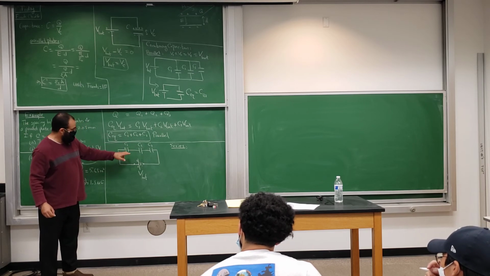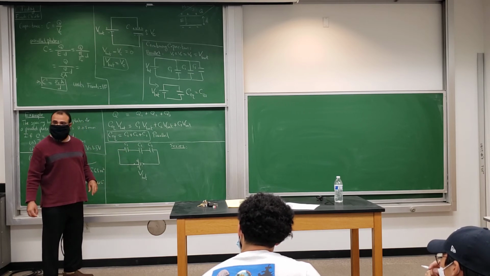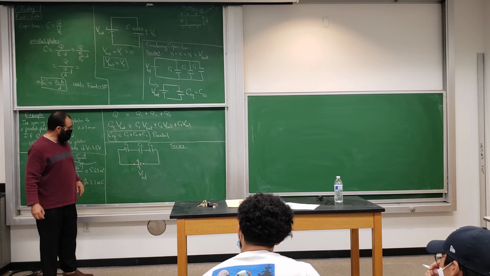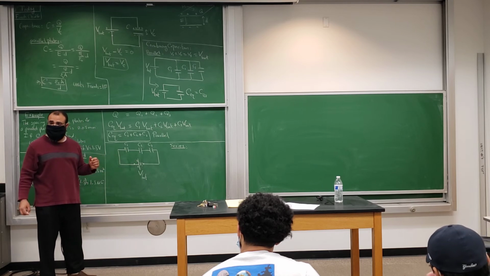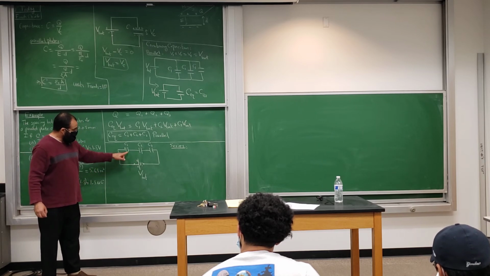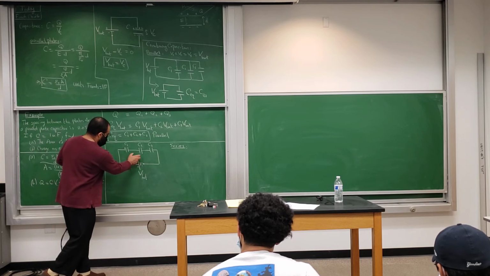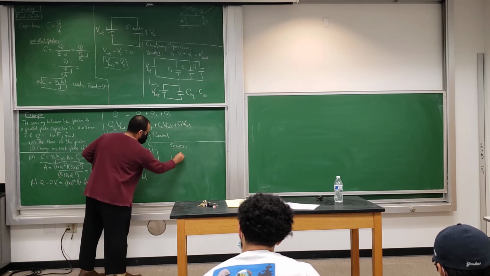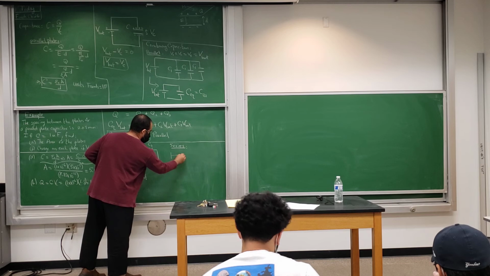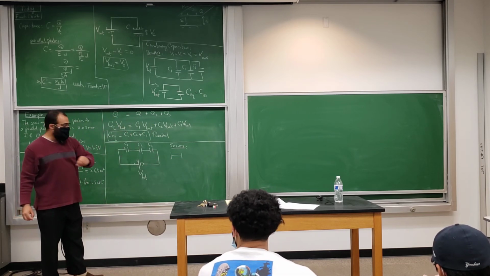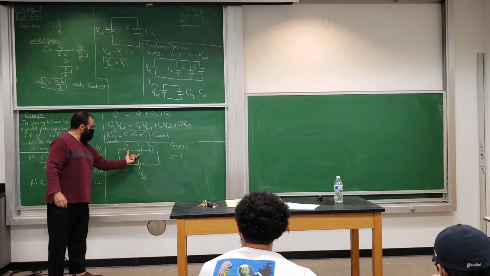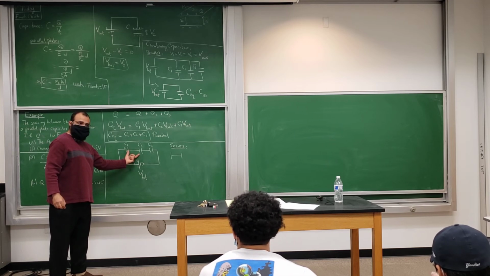It's not connected to anything. So it starts neutral, and the total charge on it at the end has to also still be zero. Does this make sense? This little shape doesn't connect to anything. I can just remove it, right? So it starts neutral, and it's not connected to anything.